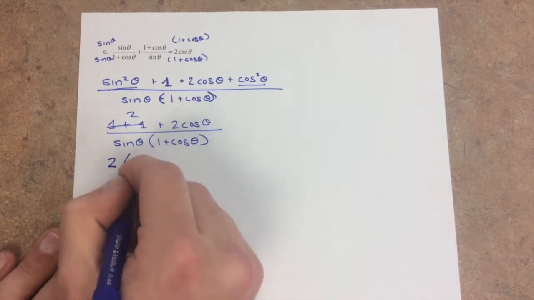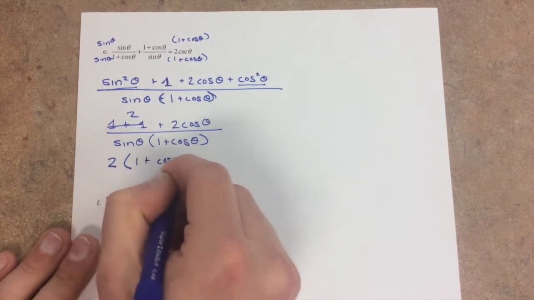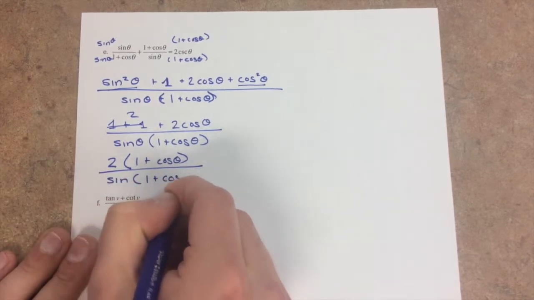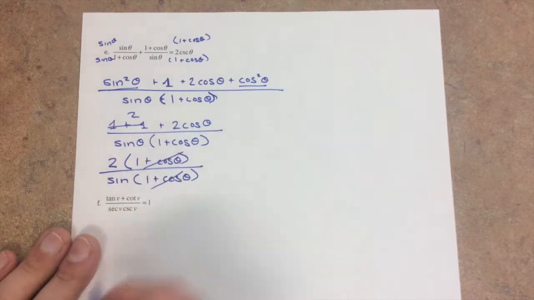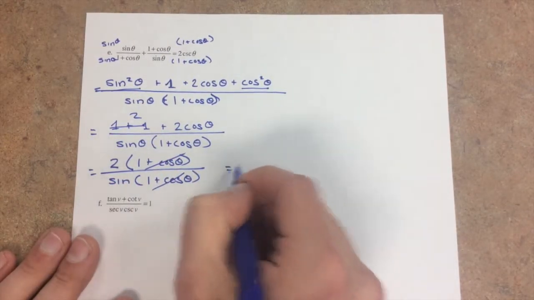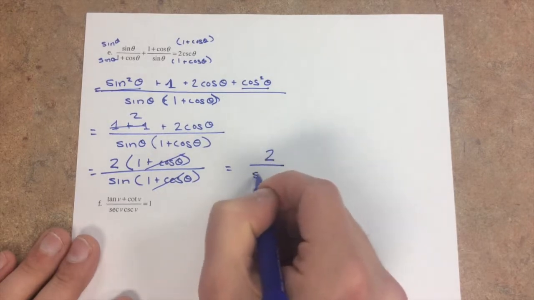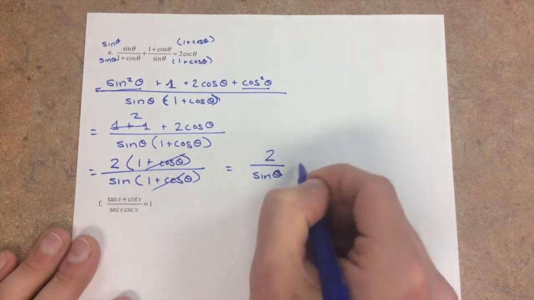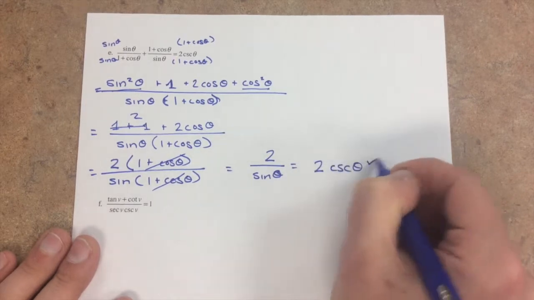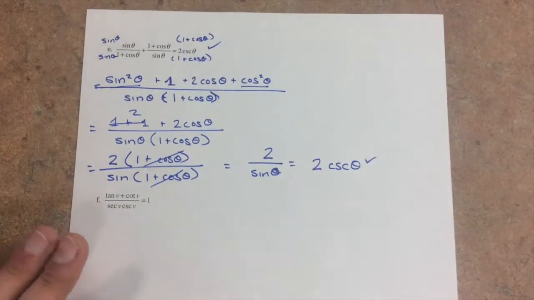I'm left with 1 plus cosine theta all over sine theta times 1 plus cosine theta. These now cancel out, which leaves me with just 2 over sine theta, or 2 cosecant theta, which is what we wanted at the beginning.